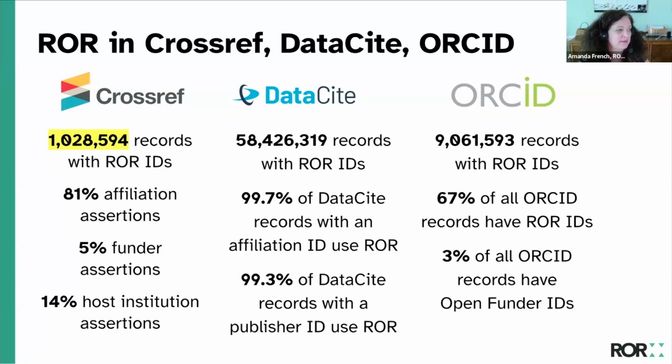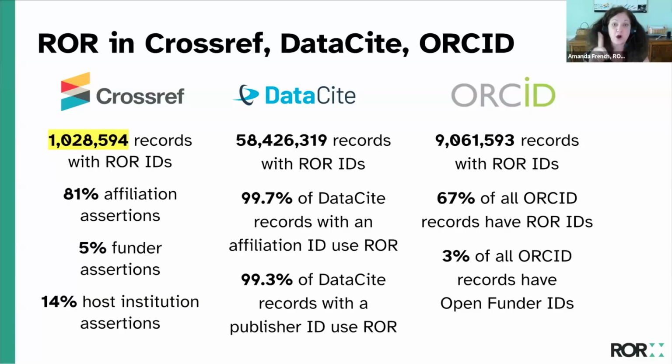I wanted to mention as well that these statistics, if you were to go in and compare them with previous statistics, are going to be a little different because the methods by which we measure what kind of uses those ROR IDs are being used for in Crossref metadata have changed a little bit. So these statistics now are measuring assertions of ROR IDs.